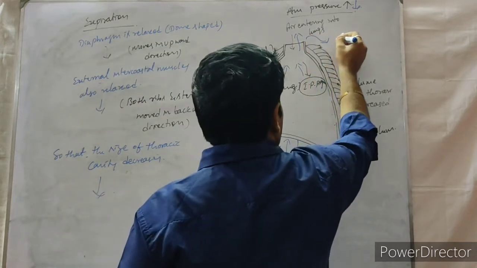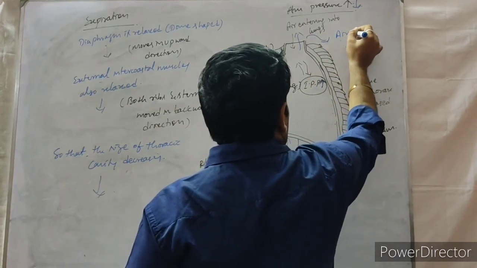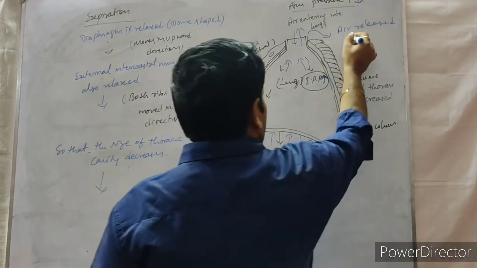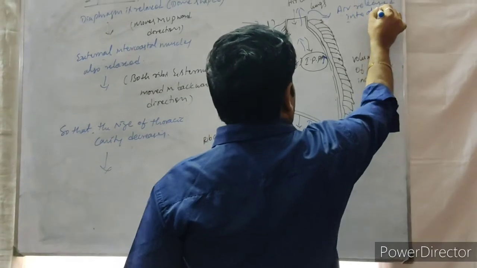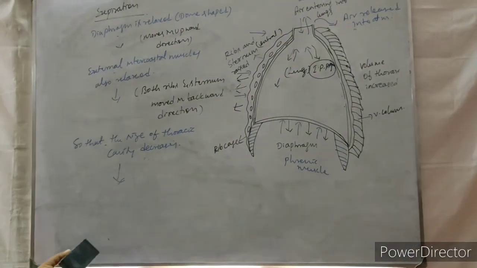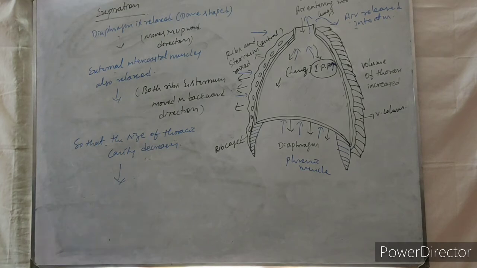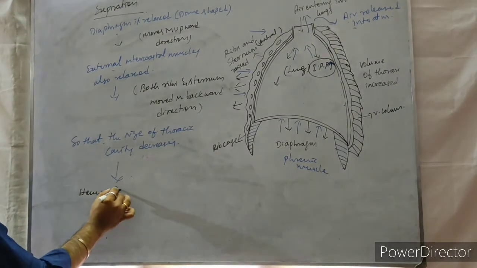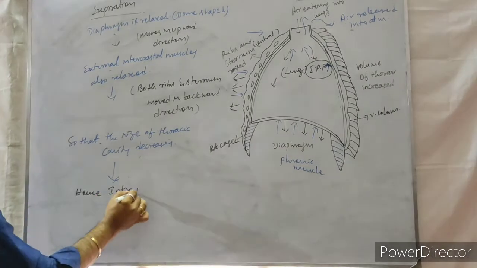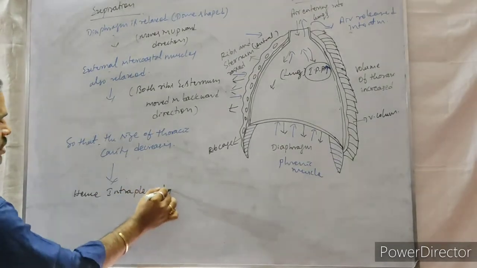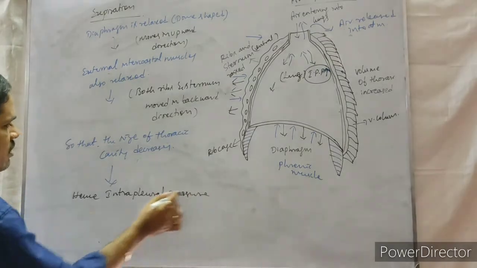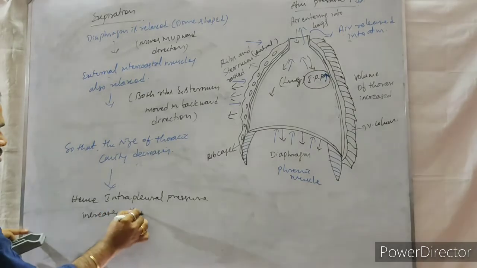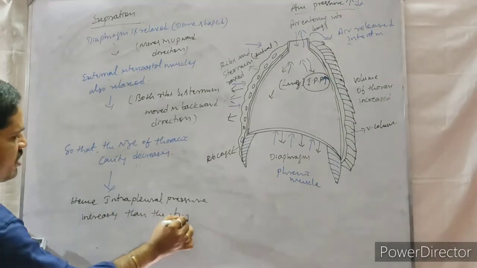Air is released into the atmosphere. The size of the thoracic cavity decreases, hence intrapleural pressure increases than the atmospheric pressure.